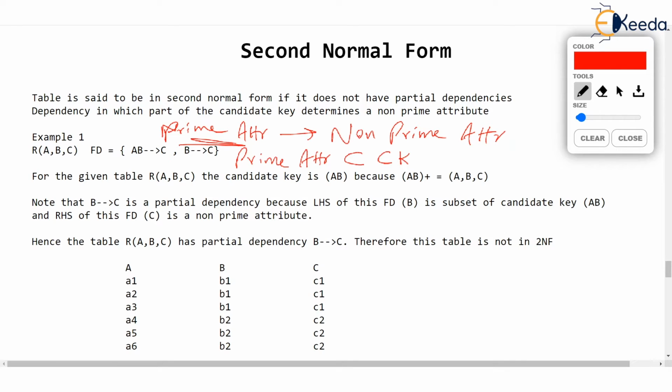So it's not that, suppose the candidate key is AB, then here we have written only B. So it's a subset of AB, determines C, but C is a non-prime attribute. It is not part of the candidate key. Then we call this a partial dependency.